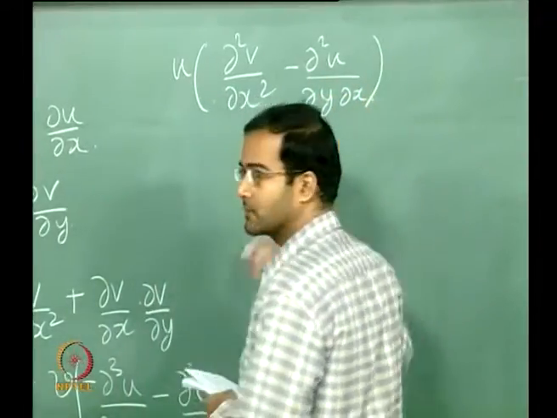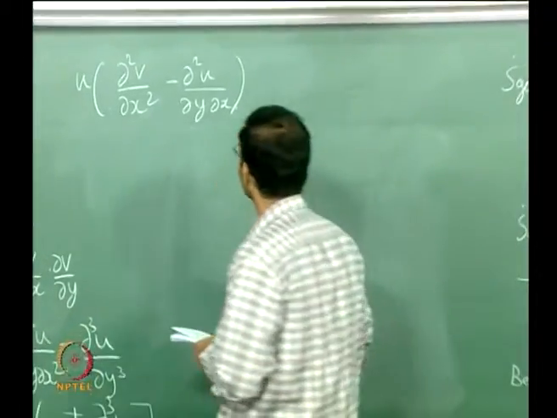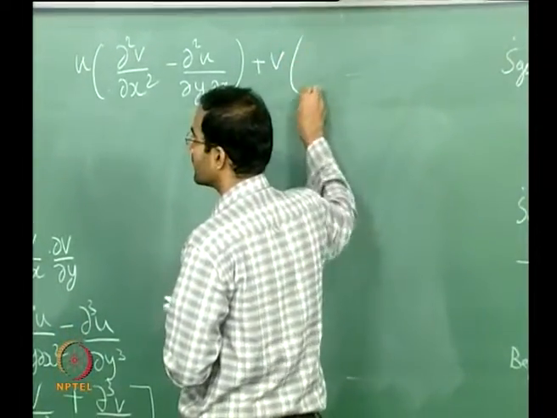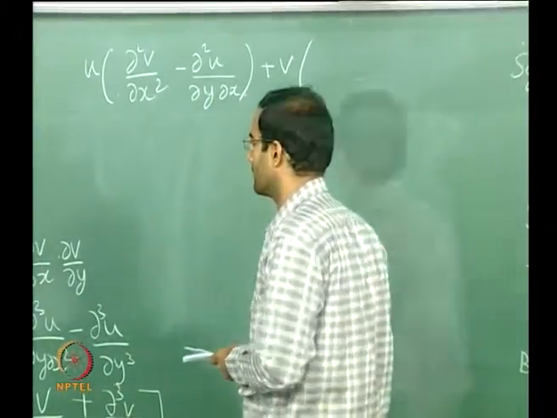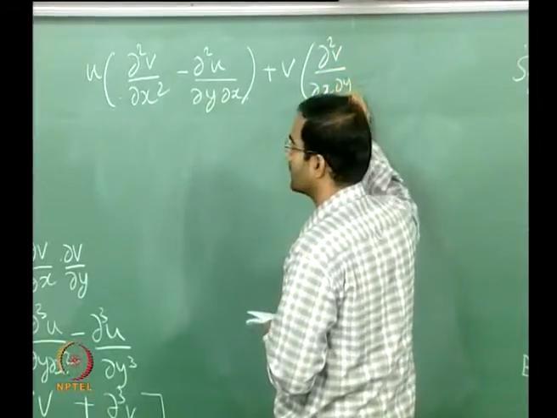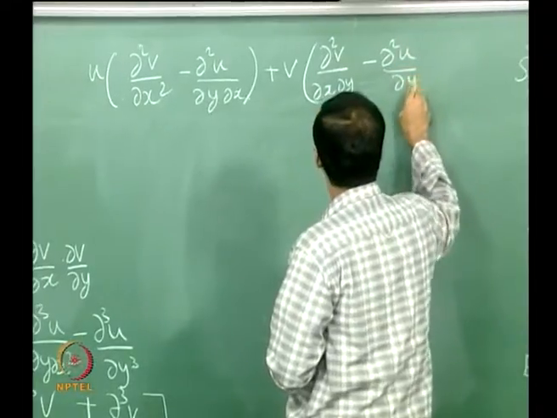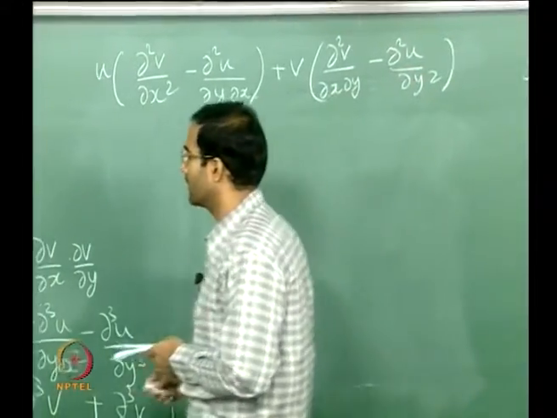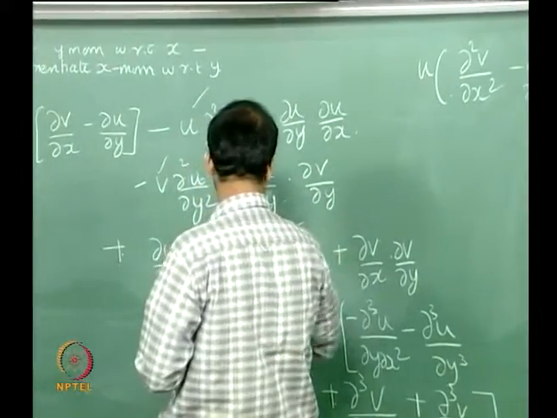These are the terms common to u. Again plus v, now you have to tell me which terms I can group: dou square v by dou x dou y minus, alright.